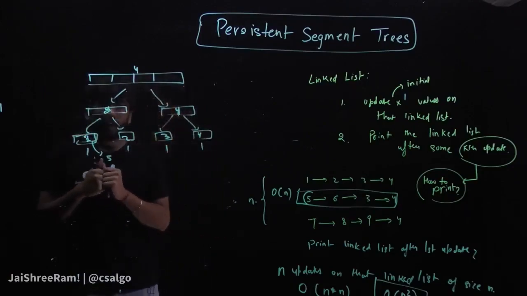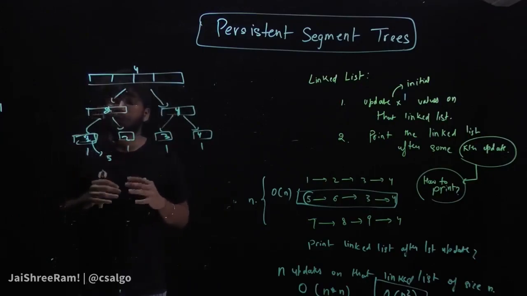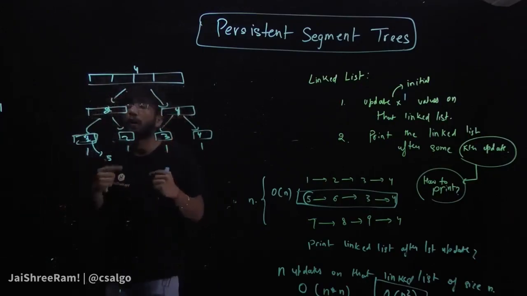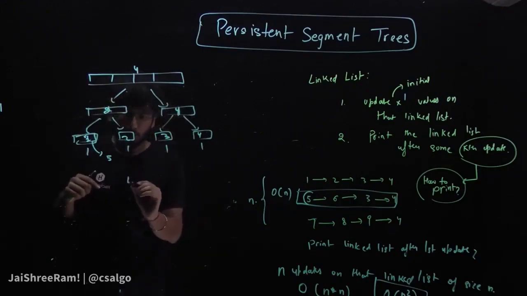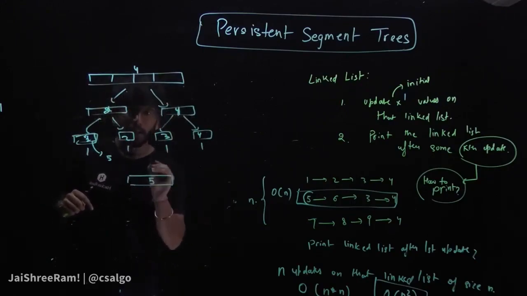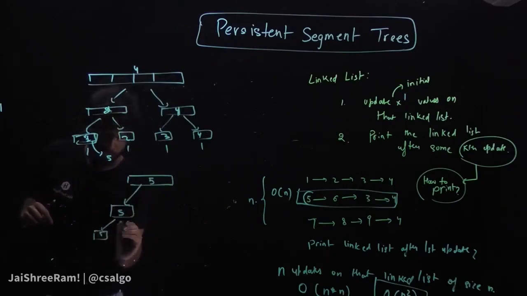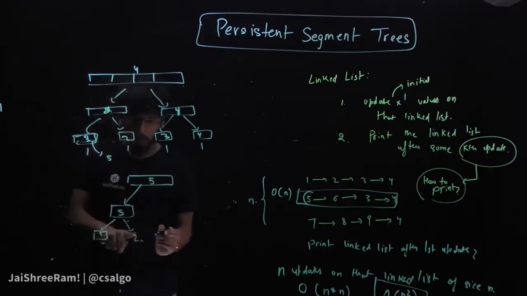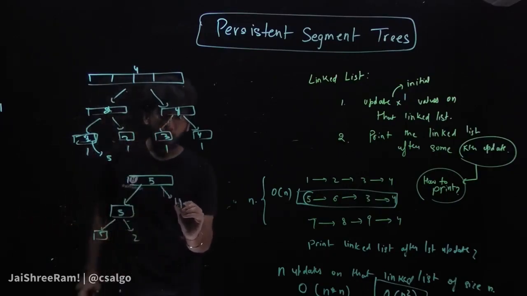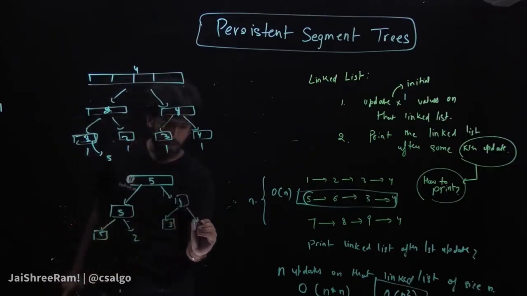It is very clearly evident what the maximum number of nodes that can change on a point update is. So now the segment tree would look like 5, 5, 5, 2, this is the same, 4, 3, 4.